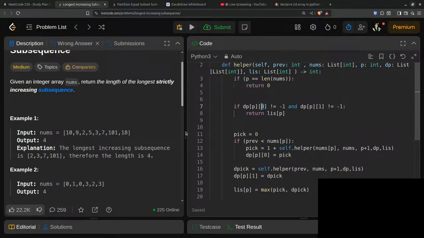It's saying if I skip nums[p] then p, previous index plus one.